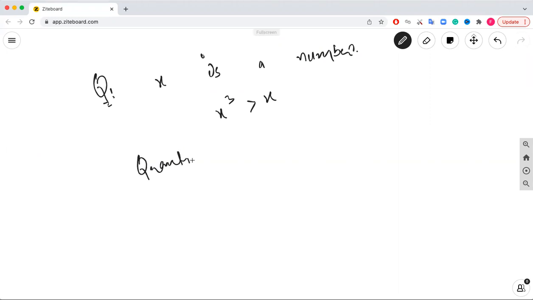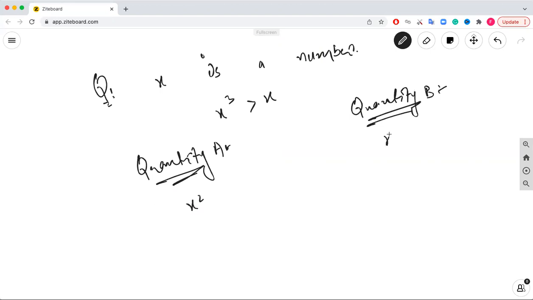This is a quantity comparison question. Quantity A is x squared and quantity B is x cubed. Now, can anyone of you solve this and tell what is the answer?